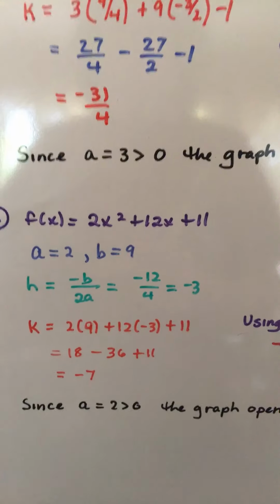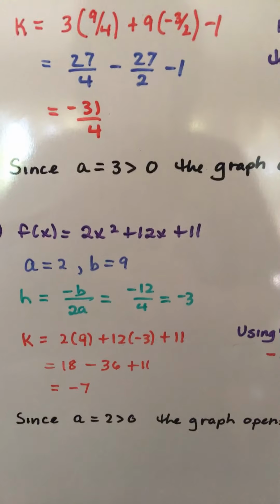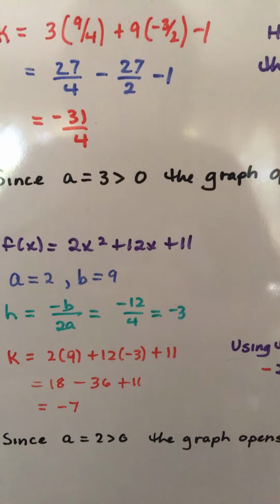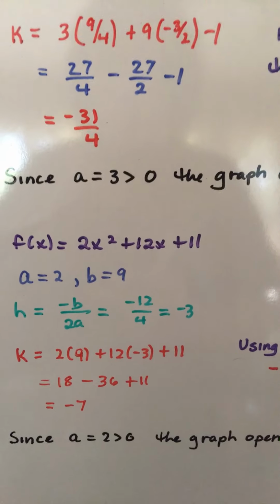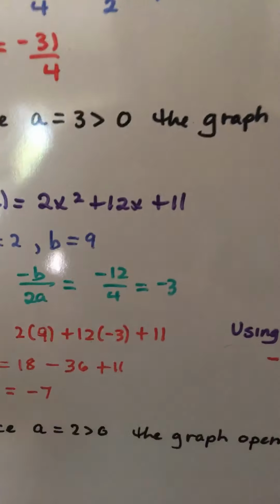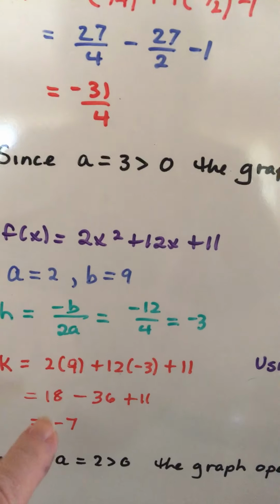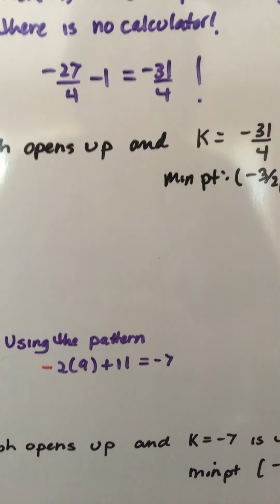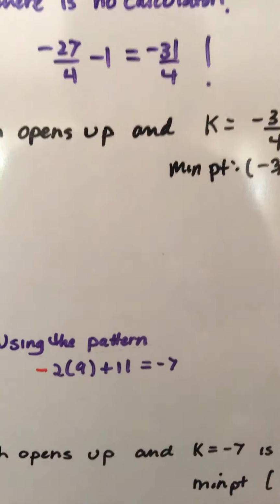Problem 2. I give you the same thing. We're going to do just like we did the other ones. We're going to find our a and b. We find our h. We insert it. The work is easy. What if I use the pattern? I negate this, so I have negative 18 plus 11 is negative 7. Notice I didn't even need to do the middle term.